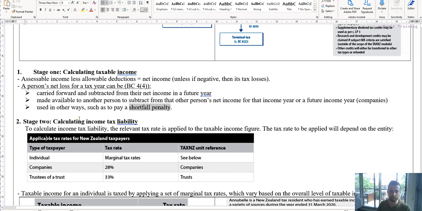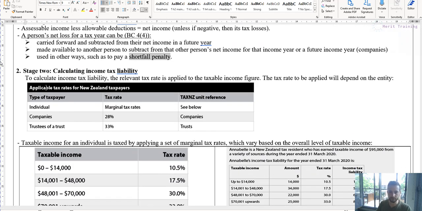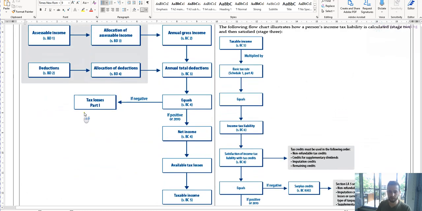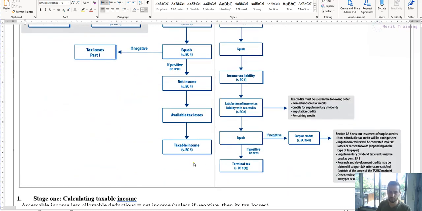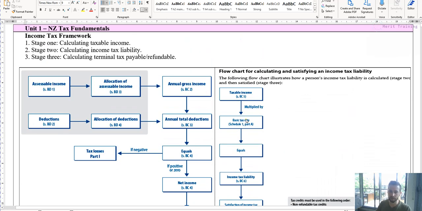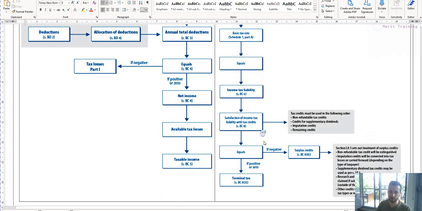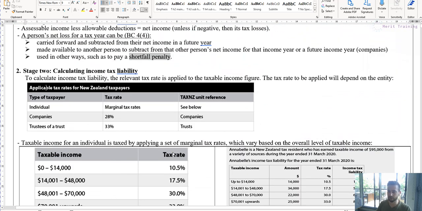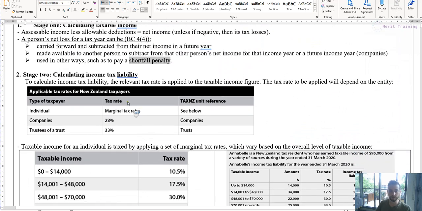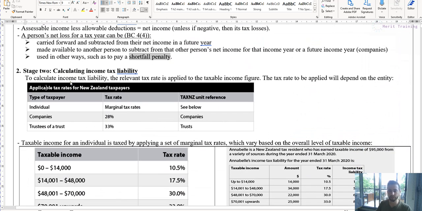So we also talked about, once we get to this stage down here, we've got our taxable income, we then apply the basic tax rate per Schedule 1 upon that taxable income, and that will calculate the dollar amount you have to pay to the government. I also mentioned before that the tax rate depends on what entity you are.